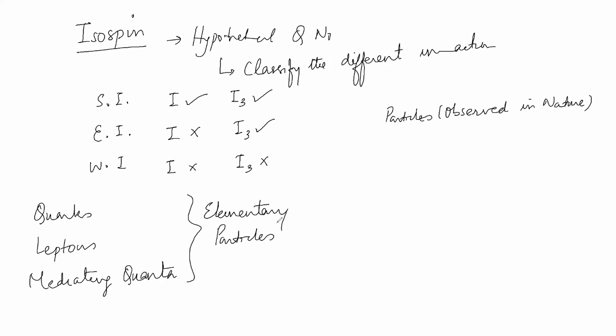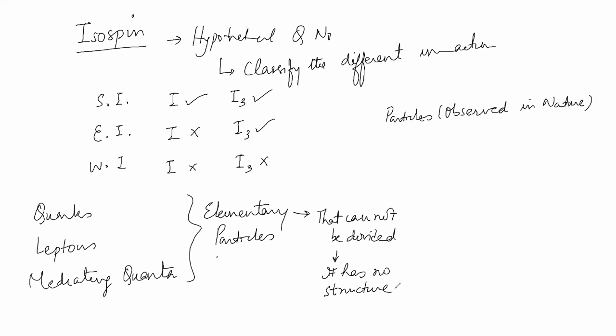Elementary means that it cannot be divided. That is a single entity and it has no structure. Elementary in the dictionary means that it cannot be divided, which means it has no structure. This is what we call by the name elementary.